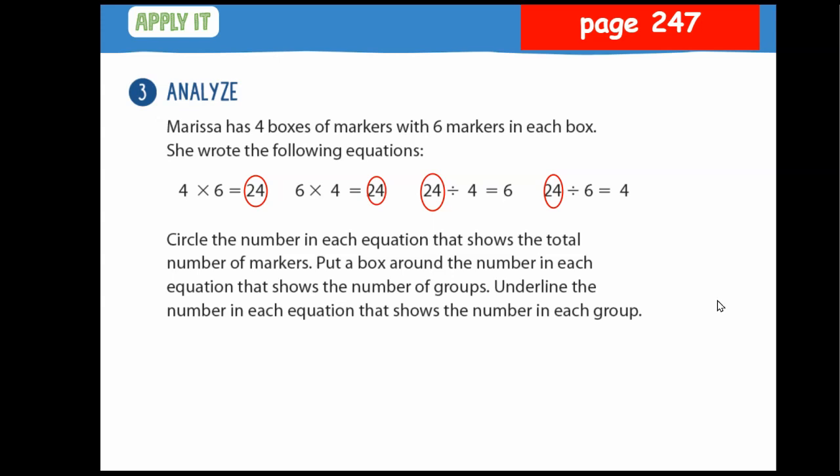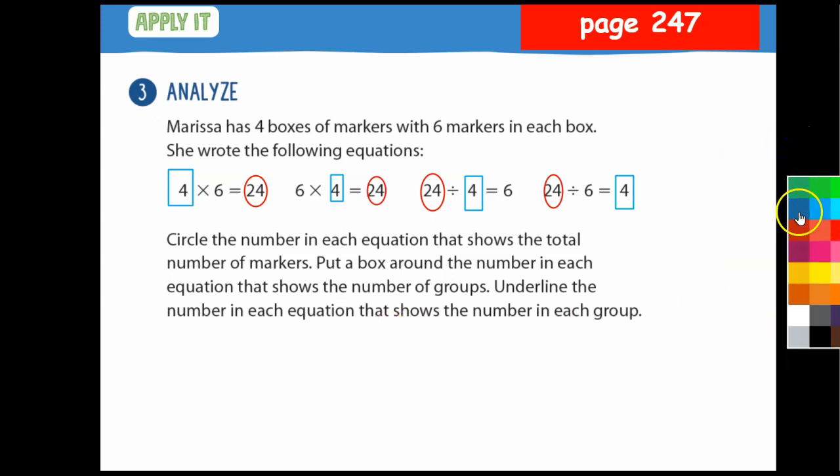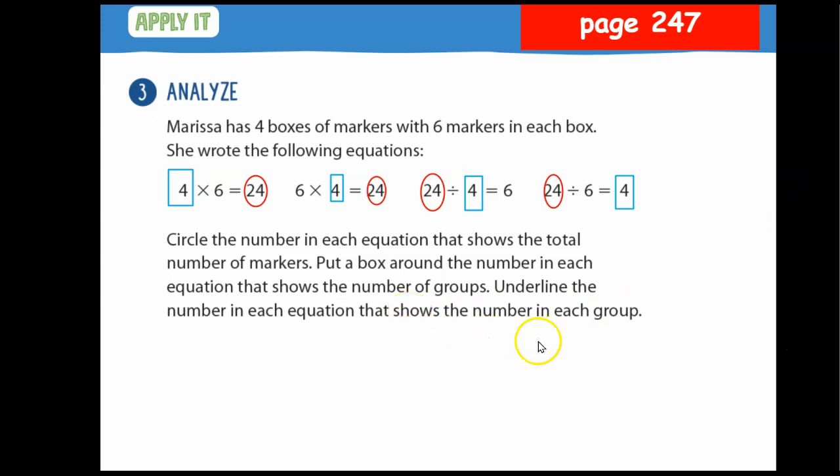So how many boxes does she have? 4. So I'm putting a box around the 4s. Okay. Then it says underline the number in each equation that shows the number in each group. 6, because it says that there are 6 markers in each box, right?